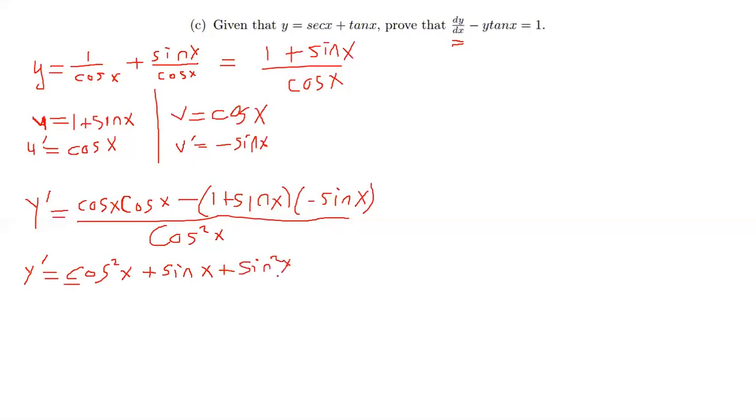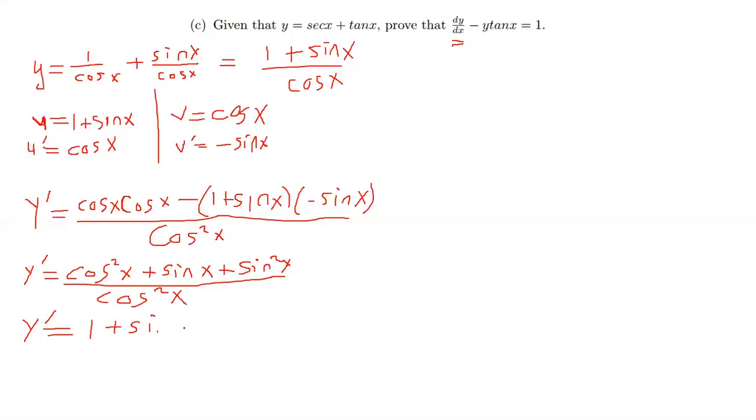So make sure that you don't forget your identities. They are very important. So y prime is going to be equal to cos squared x plus sine squared x, which will give us 1, and then 1 plus sine x there.